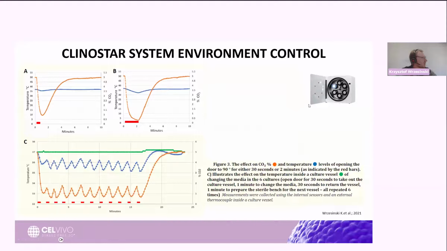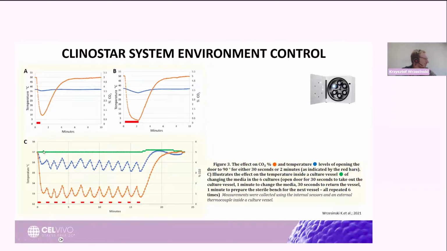When you deplete the system of the desired atmosphere, you can have a proper recovery of temperature and CO2 within a very few minutes. As you can see, it's about 2 to 4 minutes, and you are completely recovered in the traditional way.